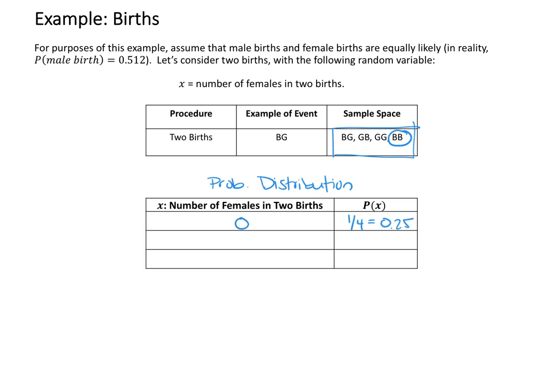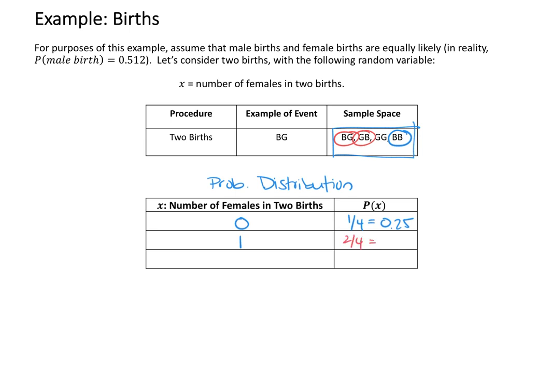Okay, now let's take a look at the different ways that we can get one female in two births. Well, that would happen if we had a situation where we had a boy first and then a girl, or a girl first then a boy, because in both of those situations, we have one female in two births. So that is a 2 out of 4 chance of that happening.